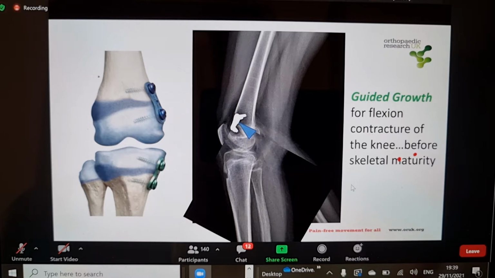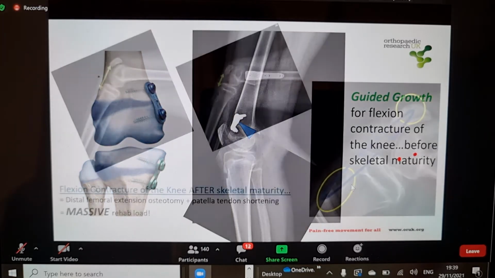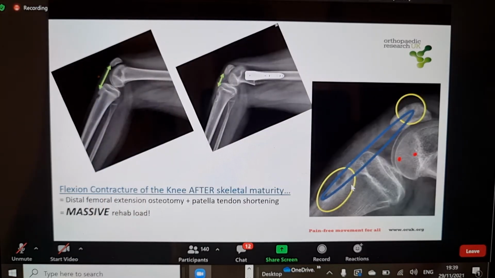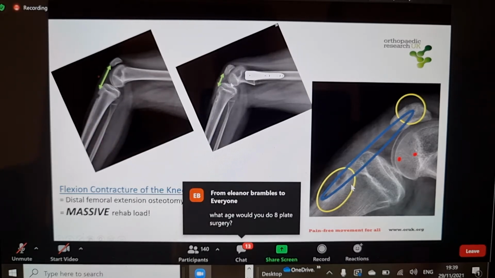But here's the big advantage. We've just seen a case with crouch gait. We know that knee flexion deformity can be a big problem for these patients' kinematics. So here's the alternative. This is a patient after skeletal maturity who's had a distal femoral extension osteotomy. Can you see how the patella alta has also been changed? So it's looking a lot better in the post-op picture here.